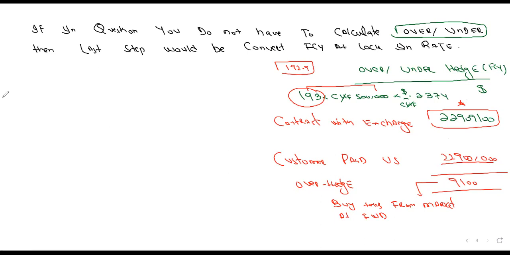So in your actual outcome, that will be in CHF, my local currency. I am having 500,000 per contract and 193 total contracts, so this will be 96,500,000.